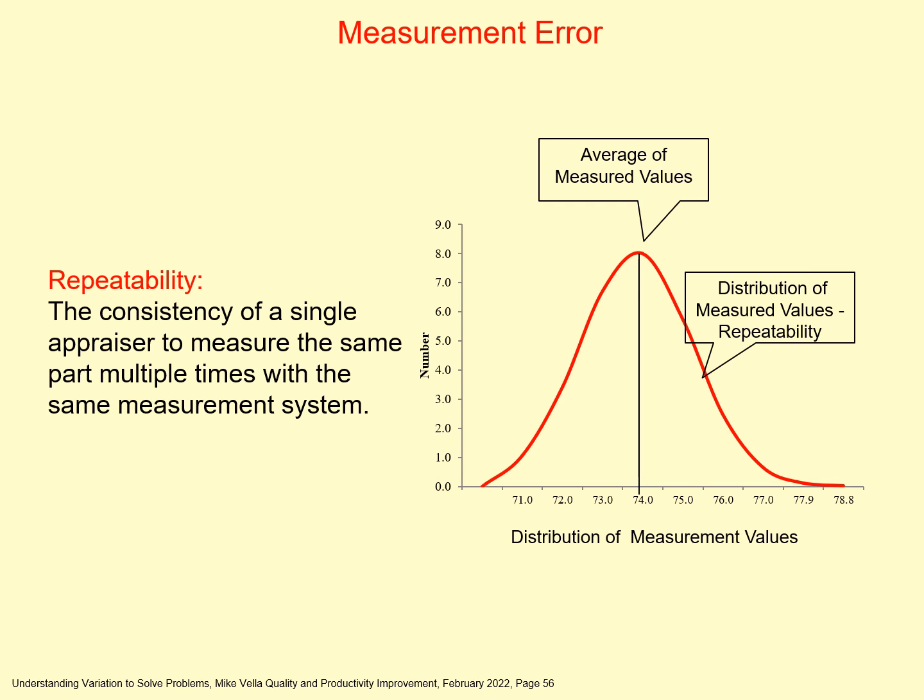Another element of measurement error has to do with operators. We're going to be talking about repeatability in this slide, and reproducibility in the next. Repeatability is the consistency of a single appraiser measuring the same part multiple times with the same measurement system. Let's say you start out with a part and you know exactly what the dimension is.